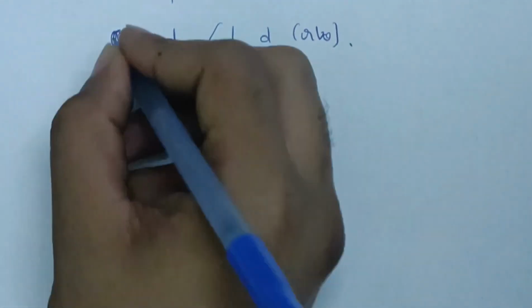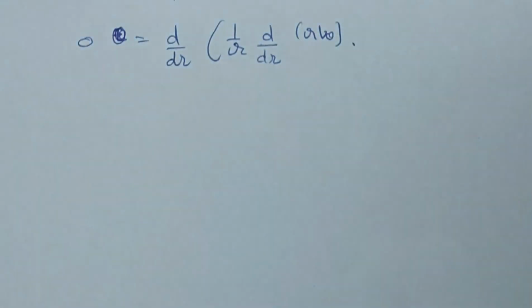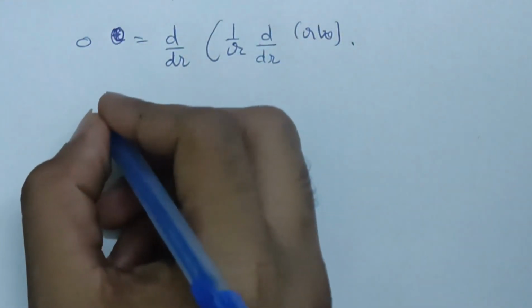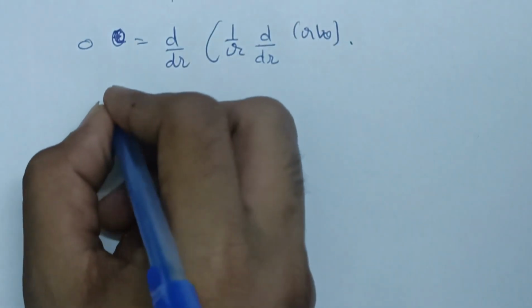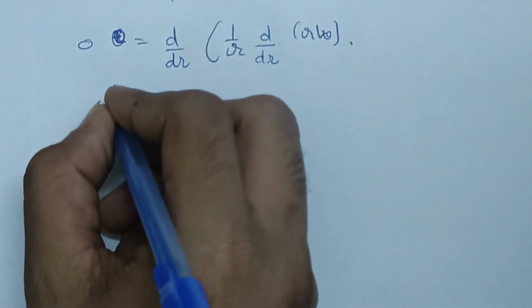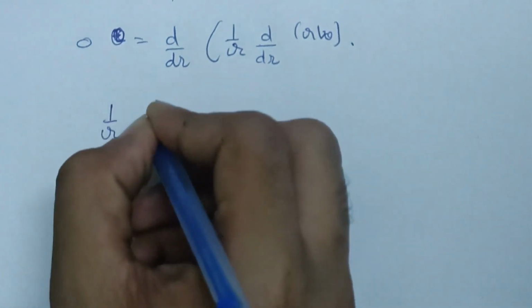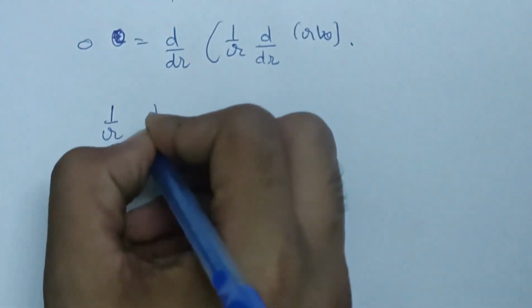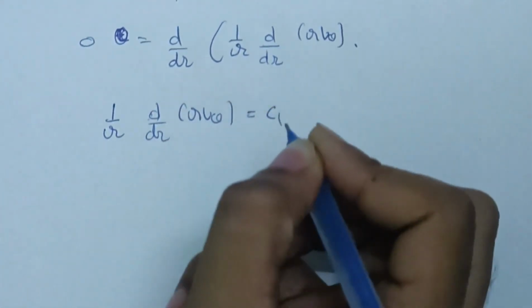By integrating, we will get 1 by r into d by dr r v theta, which will be equal to a constant c1.